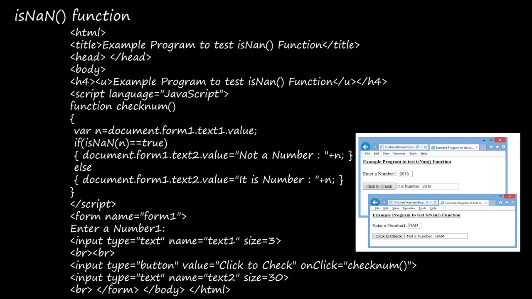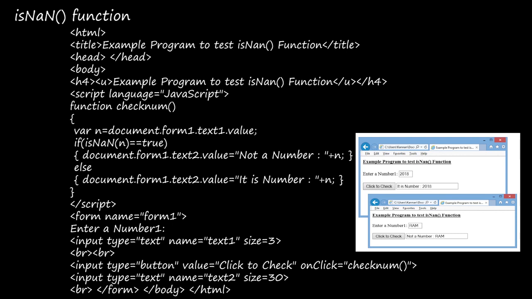They have missed giving it, but you have to give the B tag also, B and slash B. So here you can see the difference between other lines and this line. This is a little bold, right? So here the bold tag is also used, right? And then "Enter a number 1", that is here down inside the form.